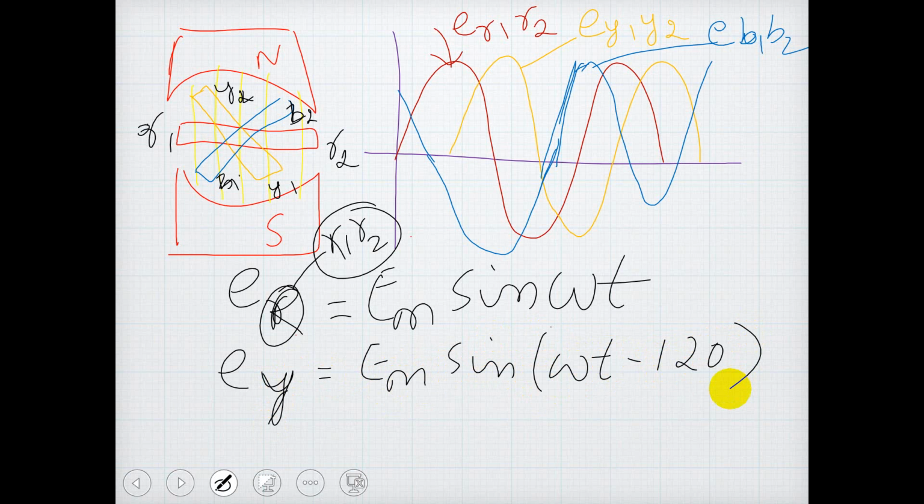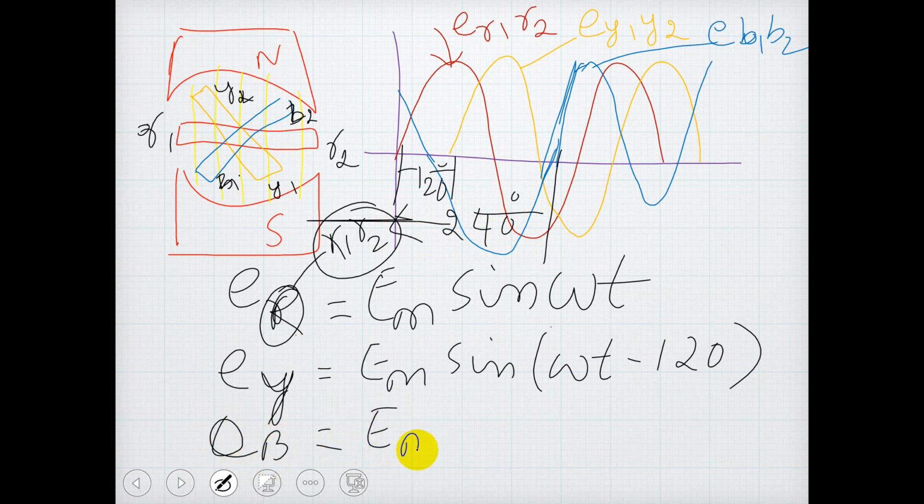So if you refer to this, it is having a phase shift of 120 degree here. Okay, the other, blue, has a phase shift of 240 degree. It only starts after 240 degree, so we call it EB is equal to EM sine of omega t minus 240.